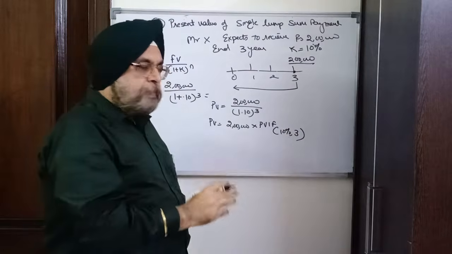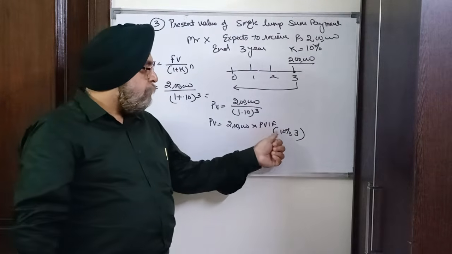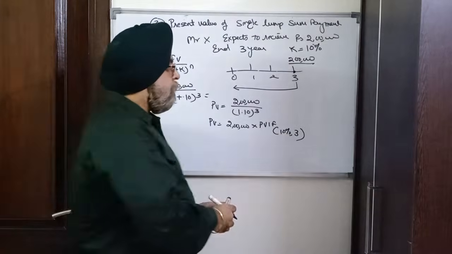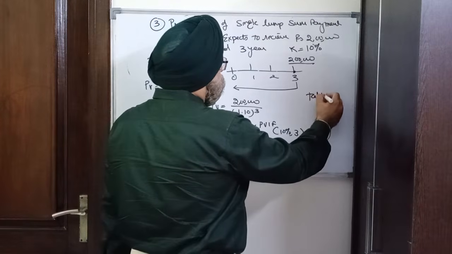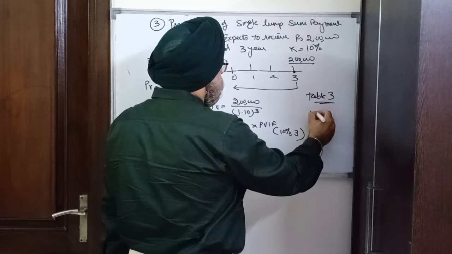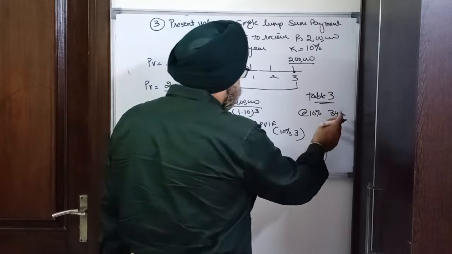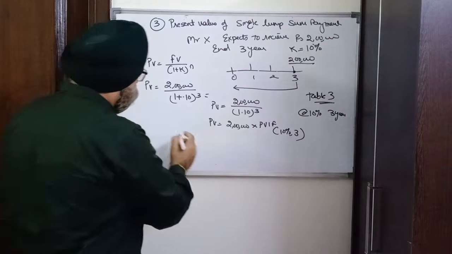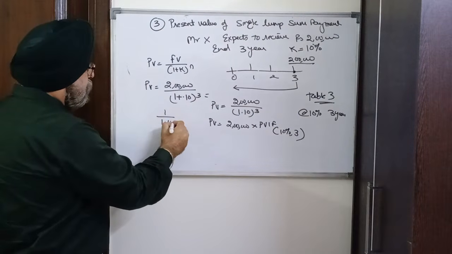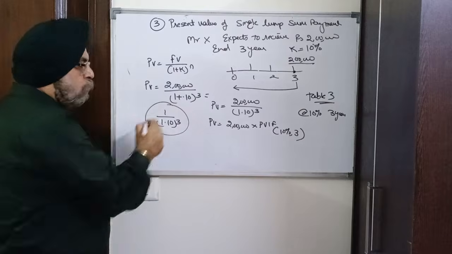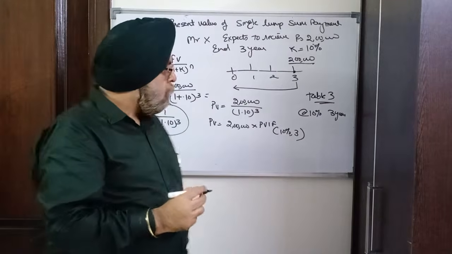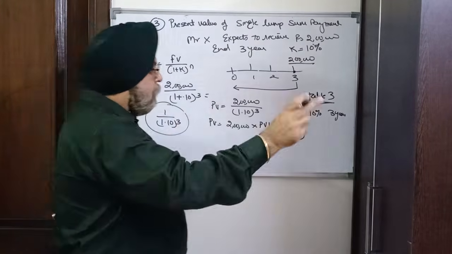When we are using the table, we will write PVIF 10% comma 3. That is table number 3 we are using at 10%, 3 years. We will multiply the value given in the table. That value given in the table is this calculation. अगर आप इसको solve करते हैं through calculator, you will get the exact value given in the table.